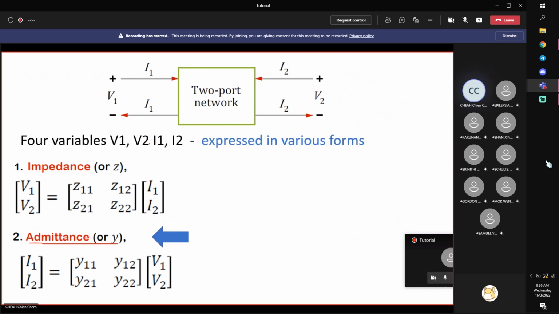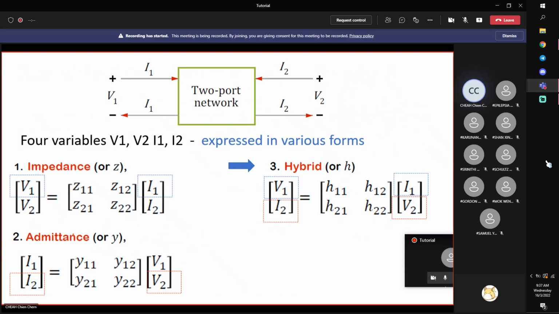Therefore, over here, we also have this model such that given V1, V2, and if we know the model, we can calculate I1, I2. This form, as I said, is good for two-port networks which are connected in parallel.